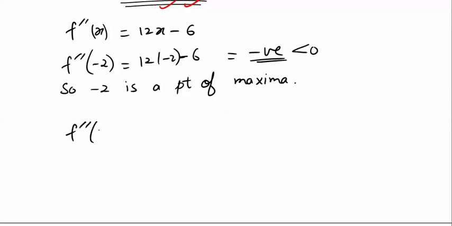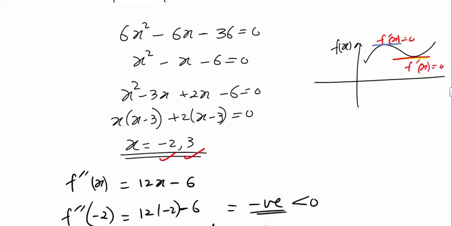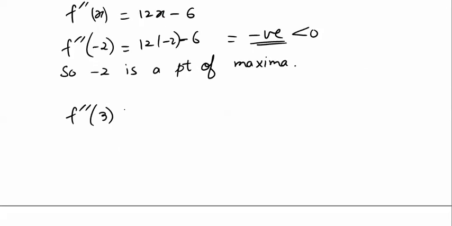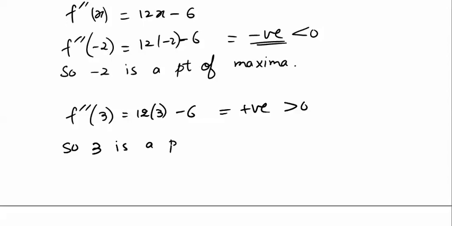f'' of 3 now. It will become 12 into 3 minus 6, which will be a positive value. So 3 is a point of minima. So what will be your answer?